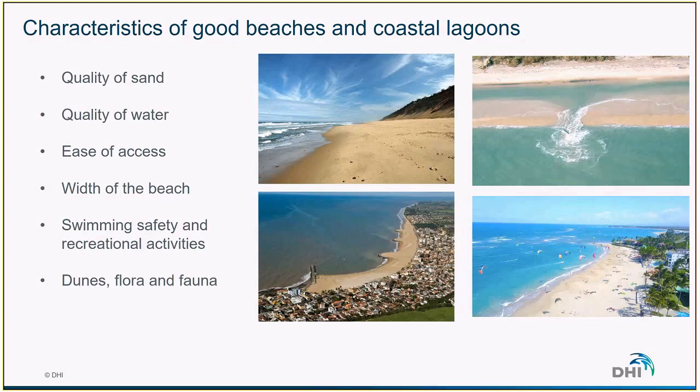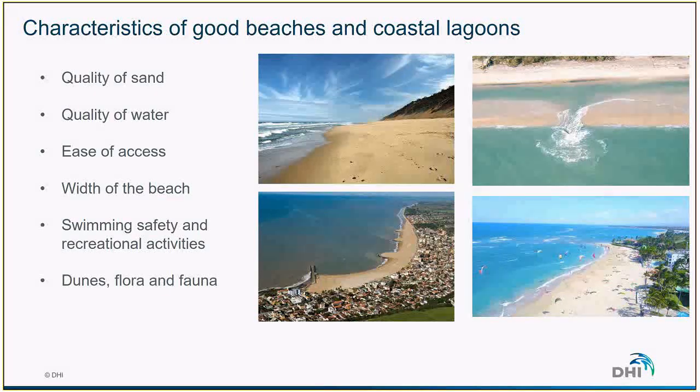But first, let's have a look at some of the characteristics of the good beaches and coastal lagoons. So these are some pictures of nice beaches around the world. Even one of them is an artificial beach that has been constructed not so long ago. And the elements that constitute good beaches and coastal lagoons are basically the quality of sand.